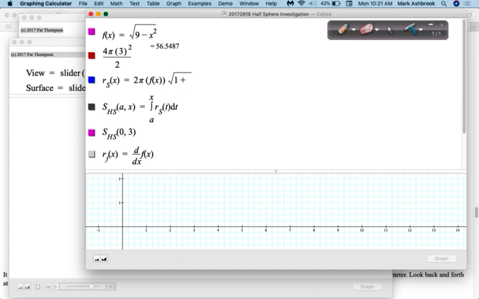Right, and I've defined that here, so I'm going to just use that. I could do that derivative here, but I've defined it already, so I can just use r sub f of x. Squared. Something was wrong there.